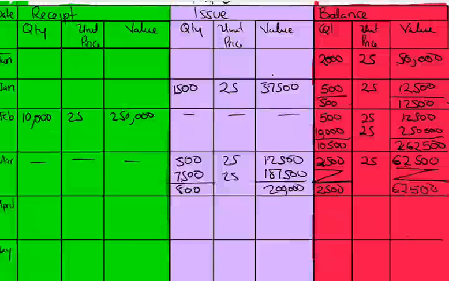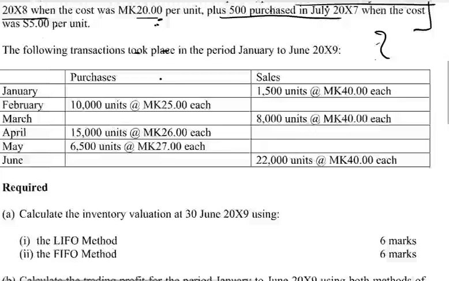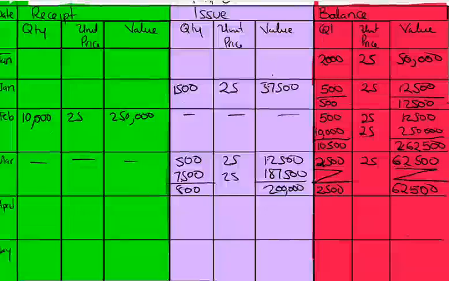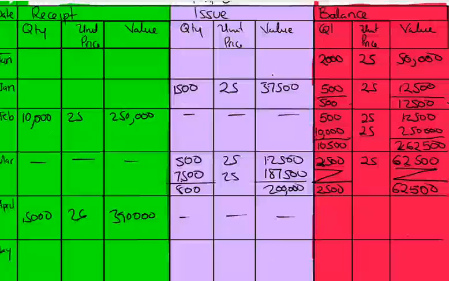What happened in April? So in April, actually came a new consignment of 15,000 units at 26. So in April, 15,000 units at 26, the value being 390. That means there's no issue, but our balance will be consisting of 2,500, which was there already, and the new consignment of 15,000, together being 17,500.